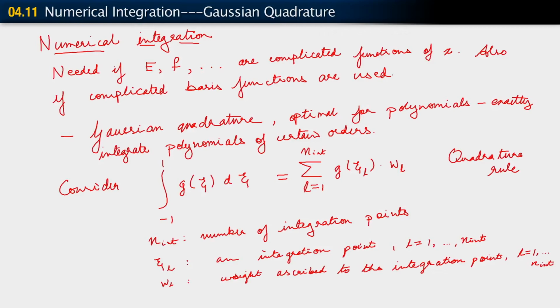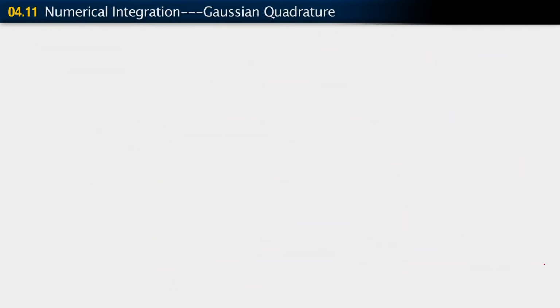Now essentially the way to understand this is to say that if this is xi and this is our function g, and maybe g looks like that, and we are between -1 and 1, what we're trying to do is pick certain points, say that is xi L, one of those xi Ls.